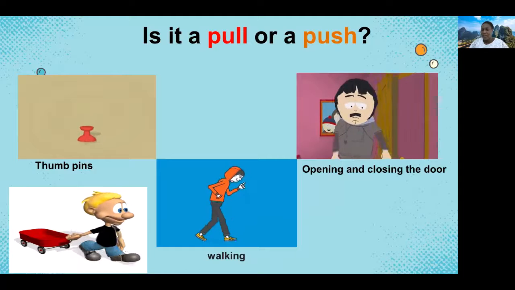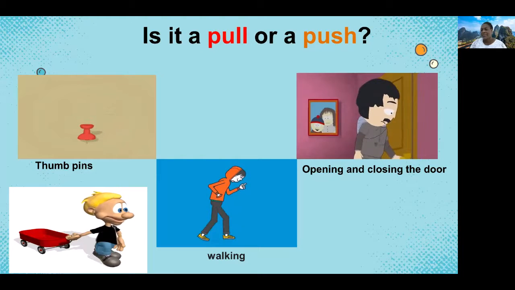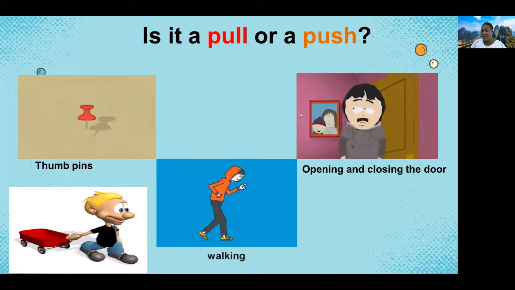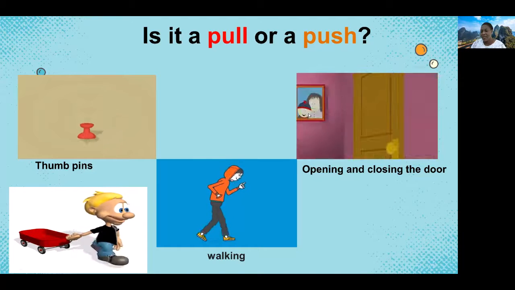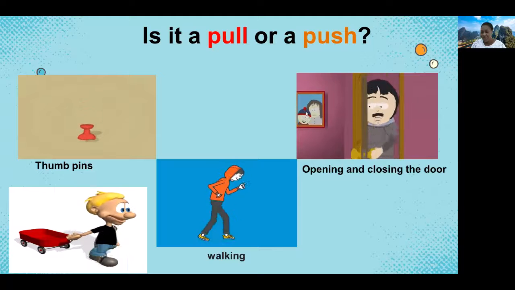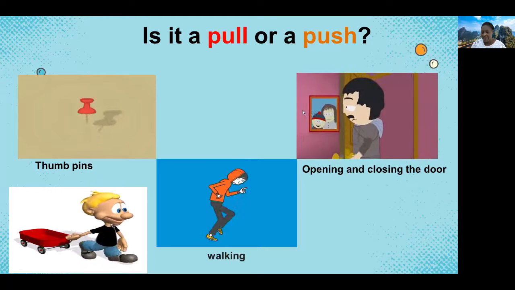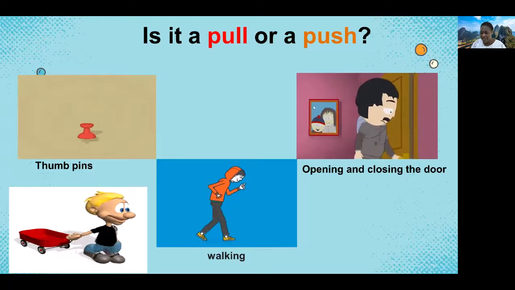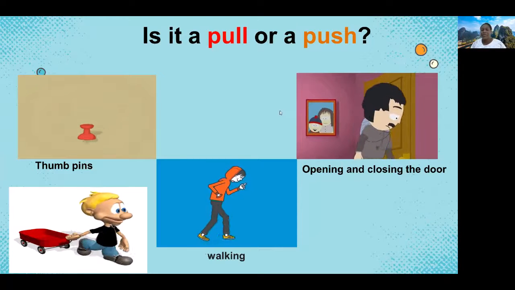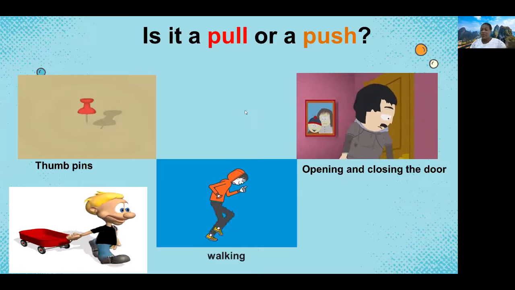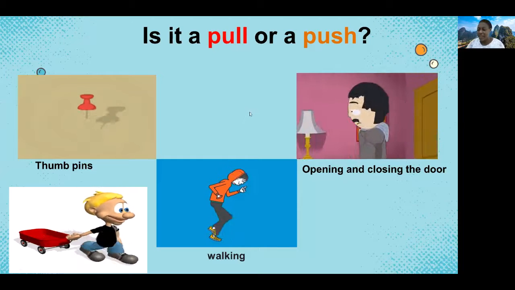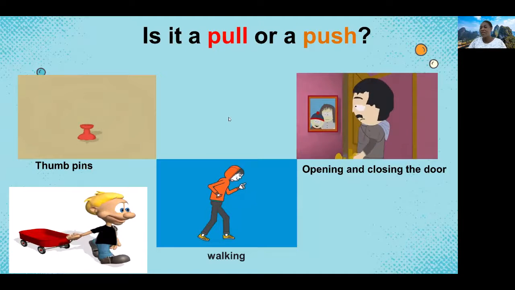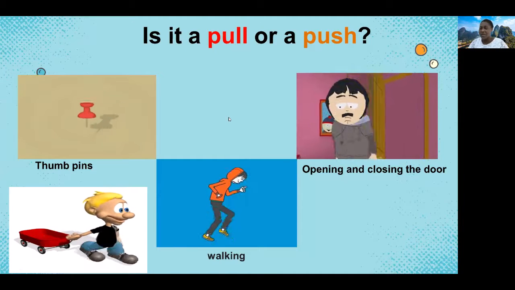But in the example I've given you here, the person pushes the door, gets in, and then pushes the door, it closes. But with other doors, you pull so that you can enter and then you push so that you can close. You pull to open, you push to close. Some doors are like that.